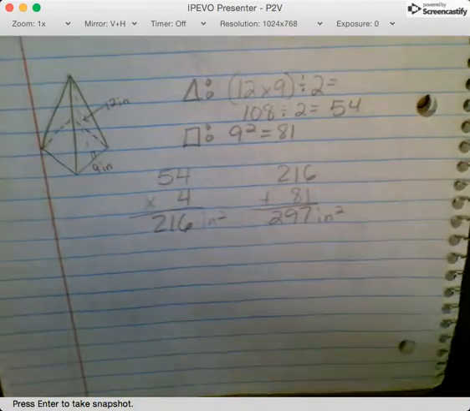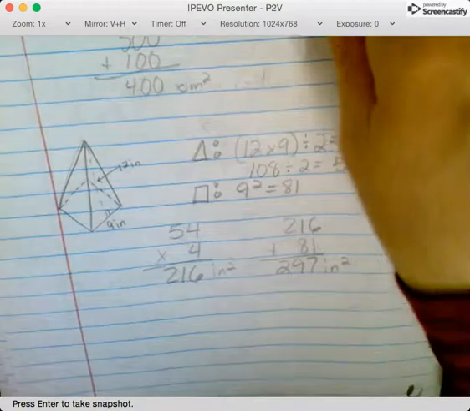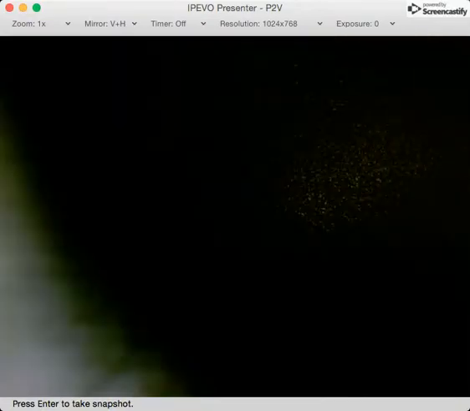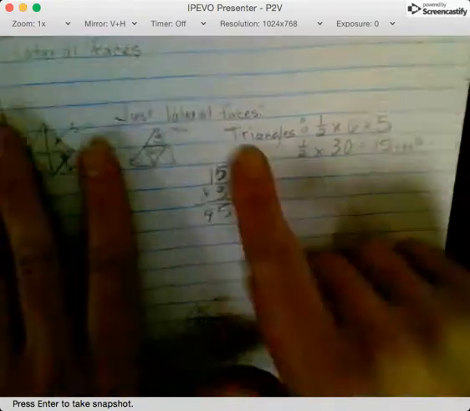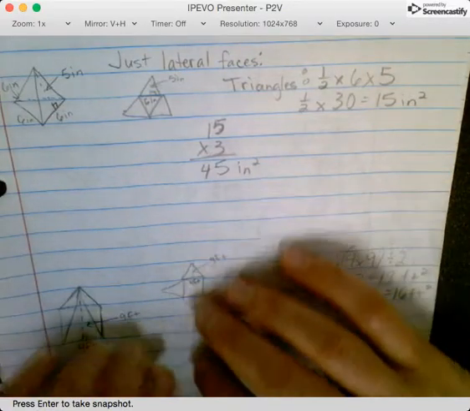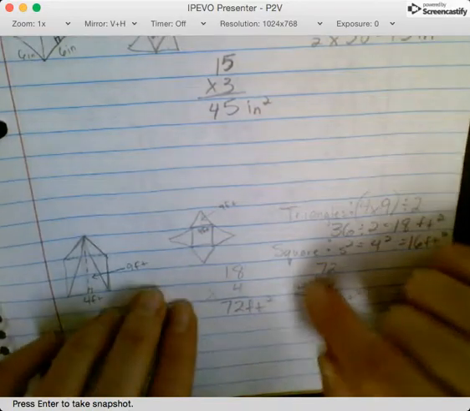Okay, so most of these, the ones that you'll have to deal with are either finding the area of the lateral faces, like this first one with the triangles, or if you have to find all of the sides, then it'll probably deal with a square pyramid.